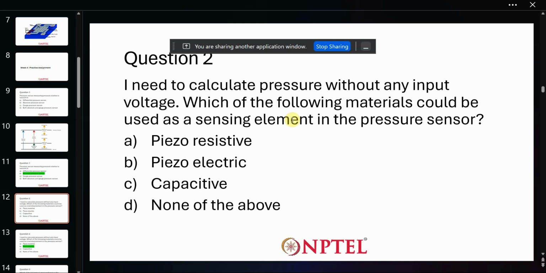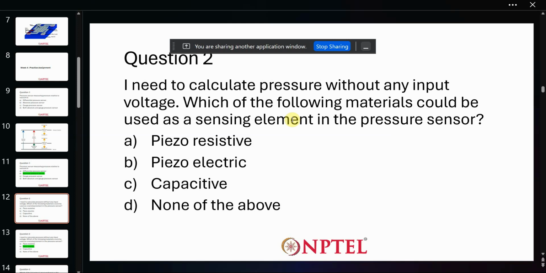What you need to understand is that in piezoresistive, you need to apply a voltage, current is flowing through it, but when it is subjected to external force or deformation, the resistance changes. So in a piezoresistive sensor, the voltage will be required and you will be measuring the change in resistance. Piezoelectric devices are devices which generate current or voltage when you subject them to external stresses.